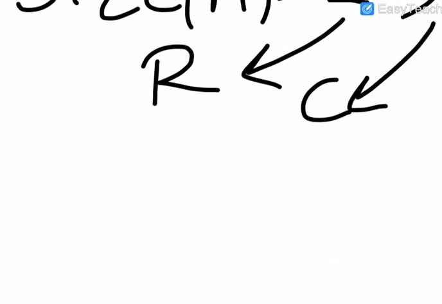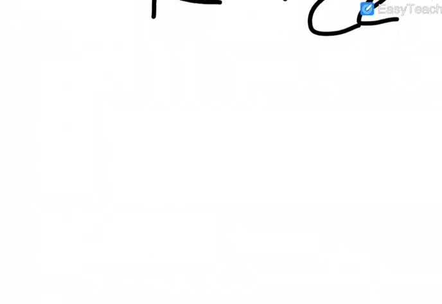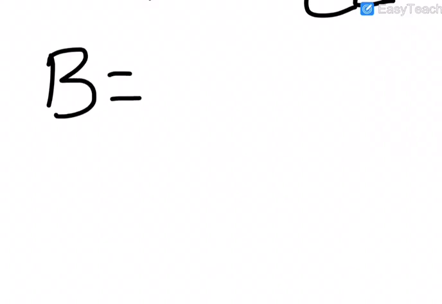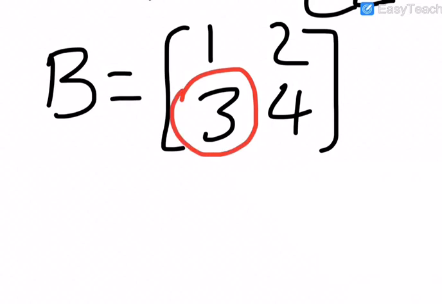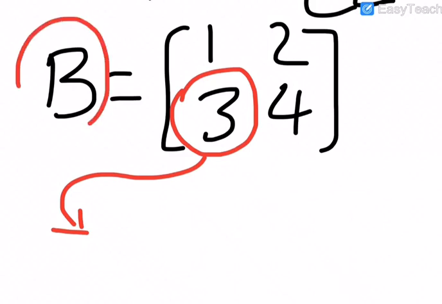Now, how can we call the elements of a matrix? Let's take another matrix, B, equal to 1, 2, 3, 4. How do we call the elements of a matrix? It's very simple. For example, we are going to call the element 3. We put the name of the matrix, B, but in small letter instead of capital. Then we say in which row it is.